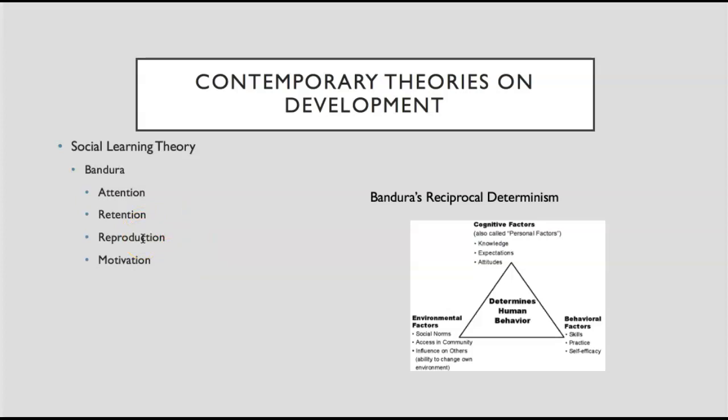But the difference for Bandura is that he believed that if the organism, and this doesn't just apply to humans because it can occur in animals as well, has the ability to focus and pay attention, if they have the purpose to store in memory what they've seen, and then if they have the ability to reproduce what they've seen, based upon whether or not they receive punishments or reinforcements, that's going to motivate them to repeat the behavior. And this theory is based on his classic Bobo doll experiment, which you learned about in your previous course.